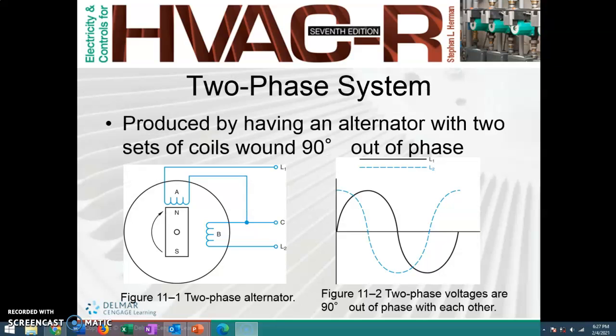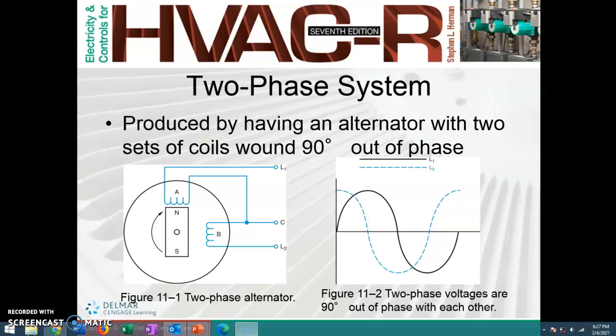So, as you can see here, forget the fact that it says two-phase for a minute, and let's just focus on the drawing on the left. In that drawing, you can see a set of windings labeled A and B, and then in the middle there's a magnet. You can see the north and the south. Now, all electric motors work on a principle that a magnet is basically chasing a phase, or chasing the power.